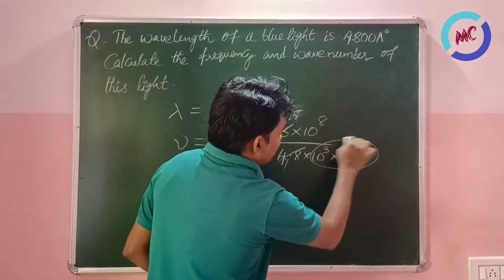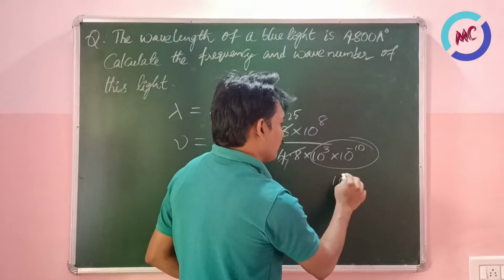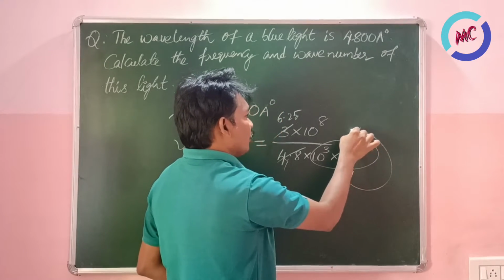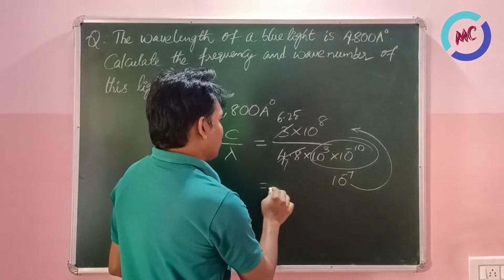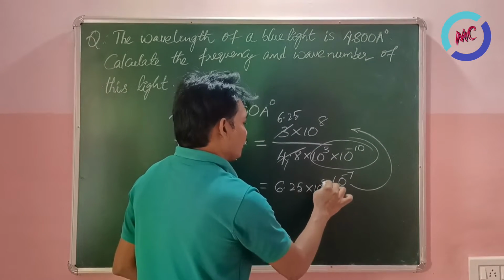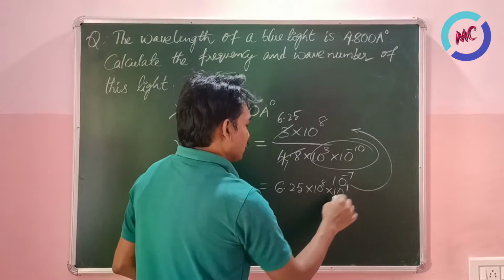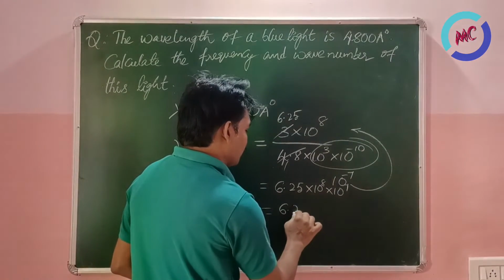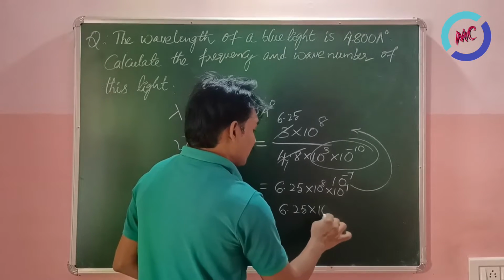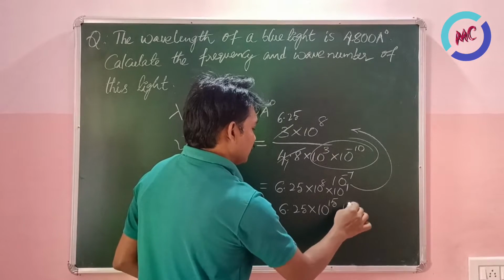After simplifying 10 to the power of 3, 10 to the power of minus 10, here we will get 10 to the power of minus 7. It will move up and then it is equal to 6.25 into 10 to the power of 8, into this minus 7 becomes plus 7. Then it is equal to 6.25 into 10 to the power of 8 plus 7, 15.